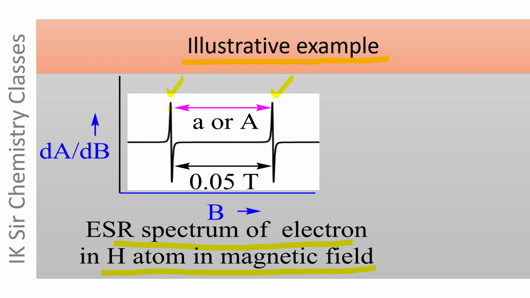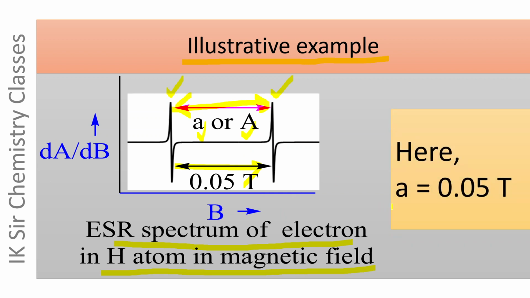The separation between these two hyperfine lines in the ESR signal of hydrogen atom is called hyperfine coupling constant or electron-nucleus coupling constant. It is denoted by A. And in the case of hydrogen atom, the separation between these two hyperfine lines is equal to 0.05 Tesla. It means here the hyperfine coupling constant or electron-nucleus coupling constant for hydrogen atom is 0.05 Tesla.